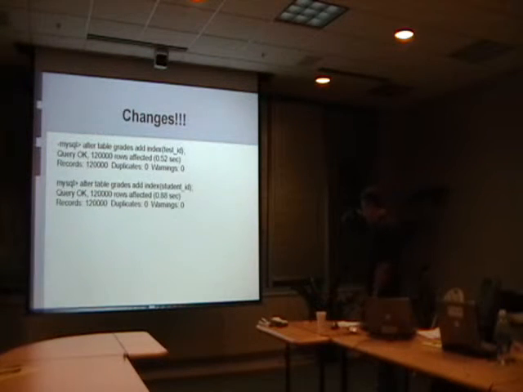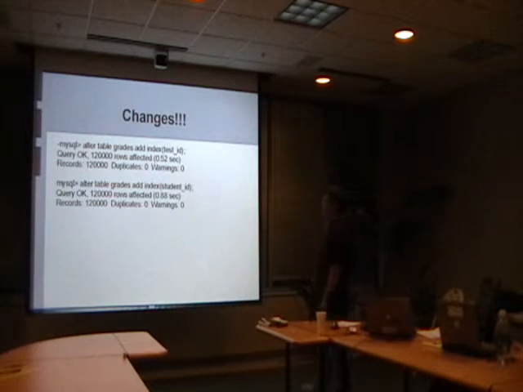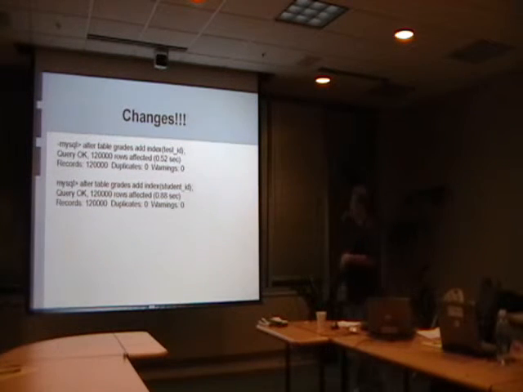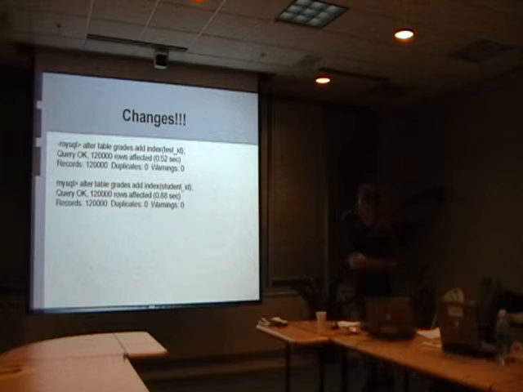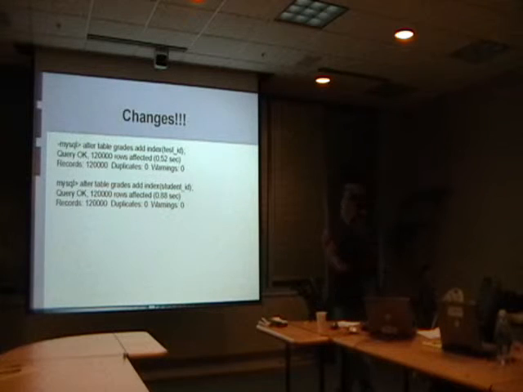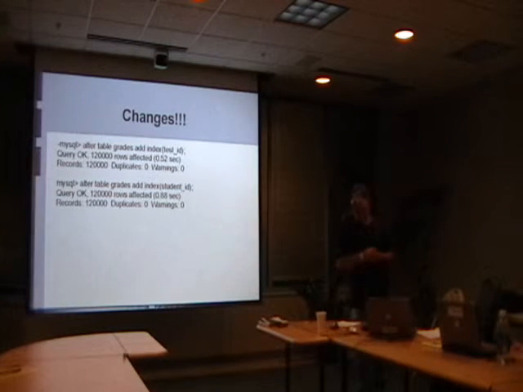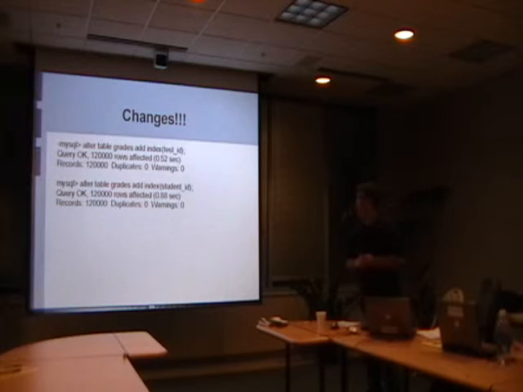Now, I'm going to alter these tables, and we're going to put some indexes on them. It would have been nice to go into detail about what was in all these tables, but for the sake of brevity, I altered table grades, and I added an index on test ID in the first one, and I altered table grades, and I added an index on student ID. Okay? And that took a couple of seconds or whatever.